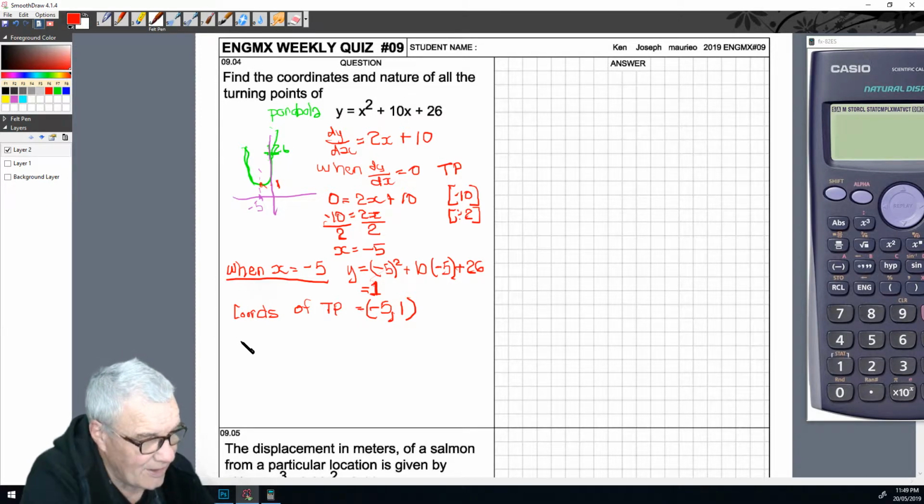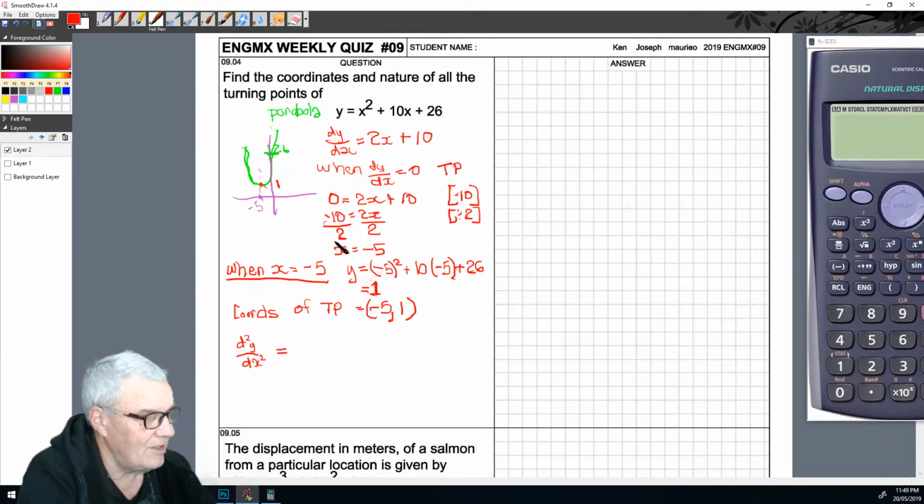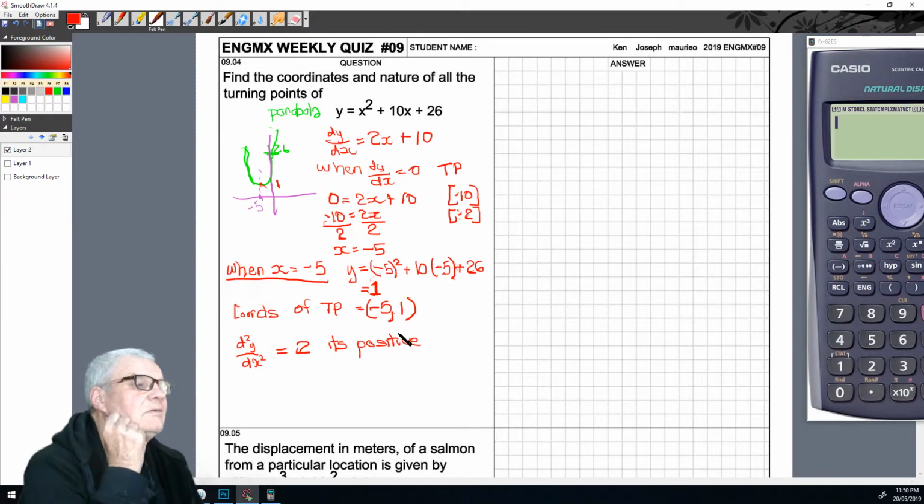So to determine the nature of it, we look at the second derivative, d2y by dx squared, and that equals, we just differentiate it again, 2. It's positive.